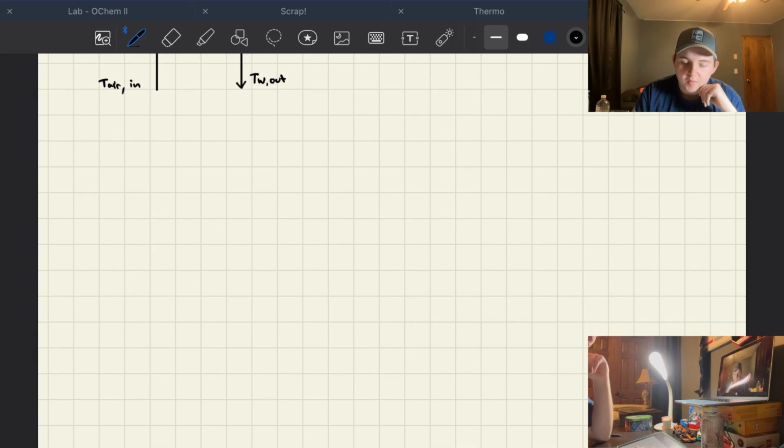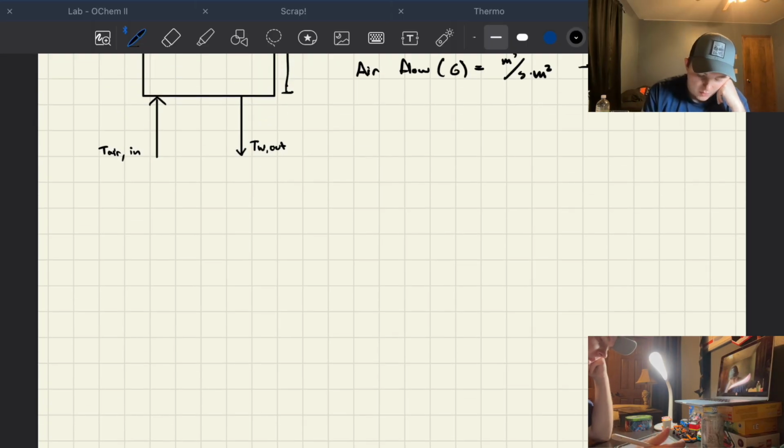And we're going to get started by doing thermal energy.